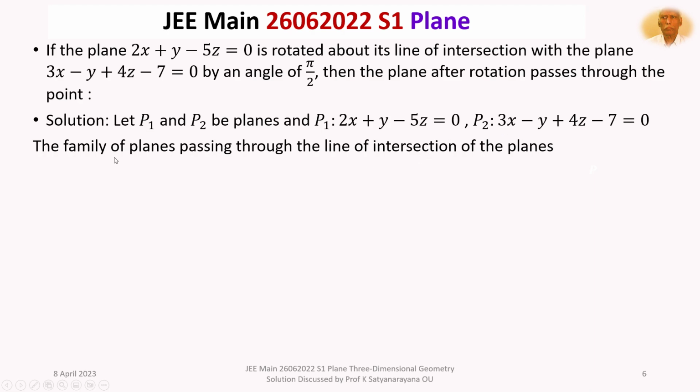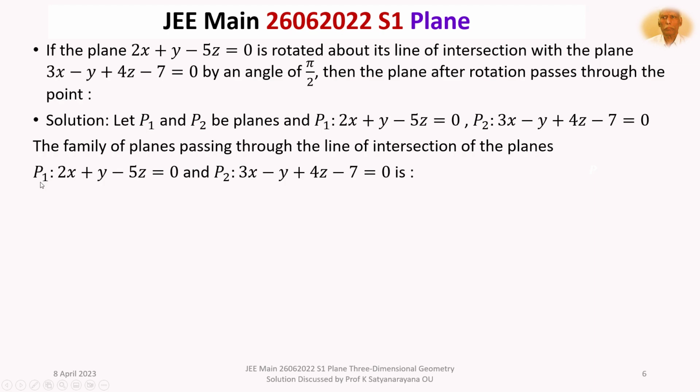Then there will be infinitely many planes passing through this line of intersection. That is why it is called the family. The family of planes passing through the line of intersection of P1 and P2 is given by P1 plus lambda times P2 is equal to 0, where lambda is a parameter.